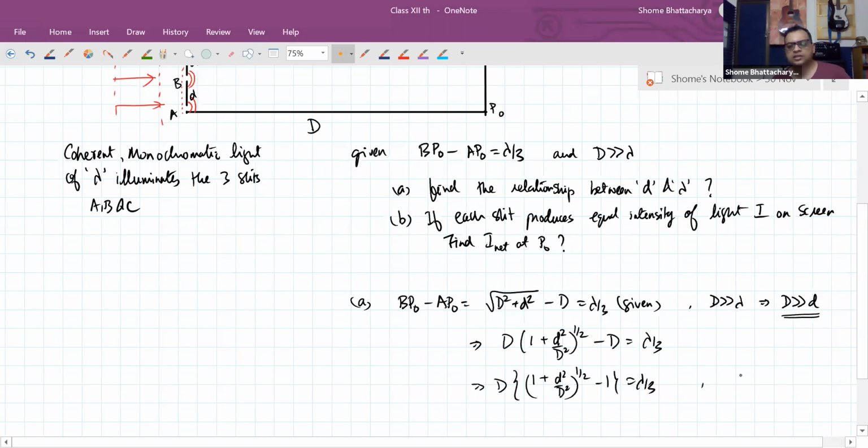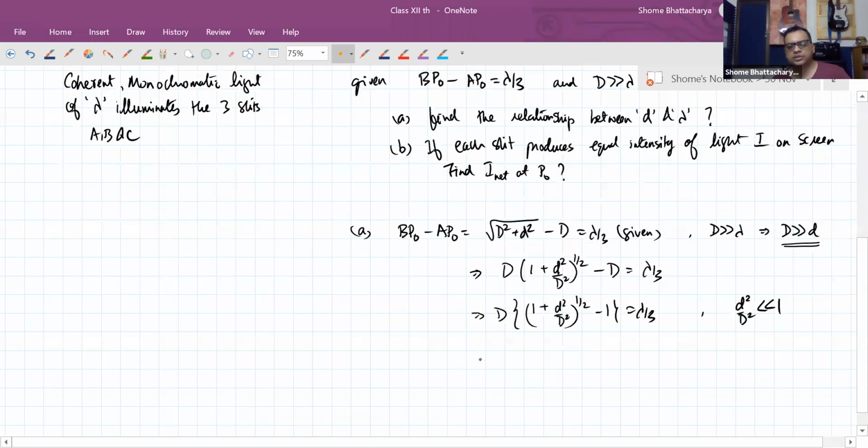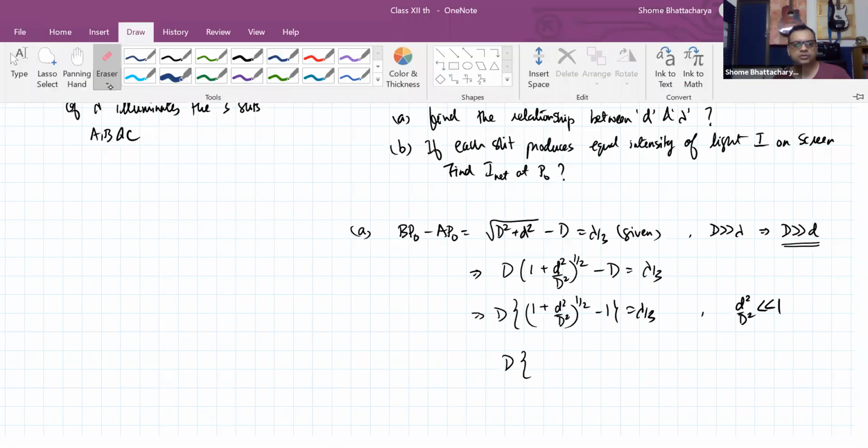Now we can use this relation that d square by D square is extremely small compared to 1. So use the binomial approximation next step. So next step becomes an approximation here. So let's use the approximation symbol.